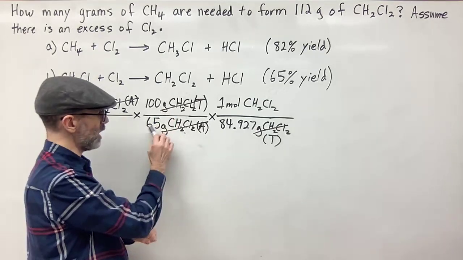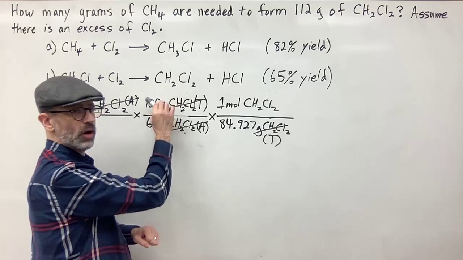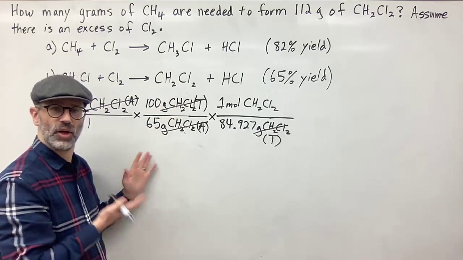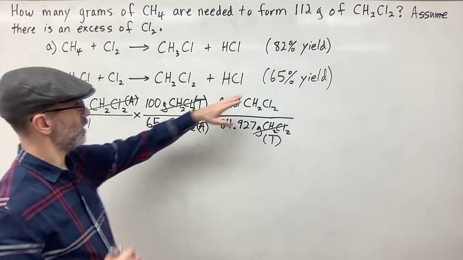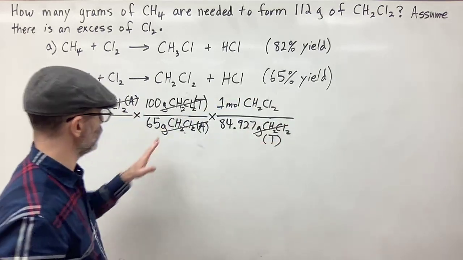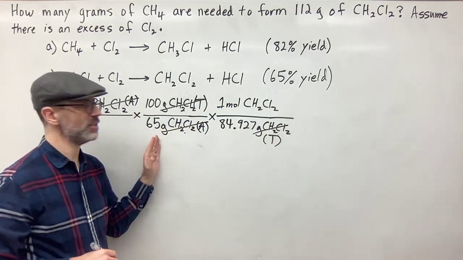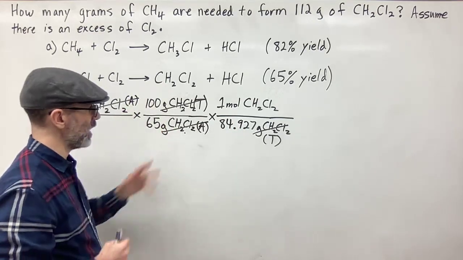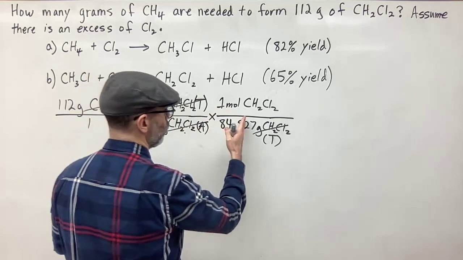I could have 65 moles and under 100 moles. So either way, it works. The yield percentage works with the mass and it works with the moles. So I did it with the mass, and so now we got moles here.